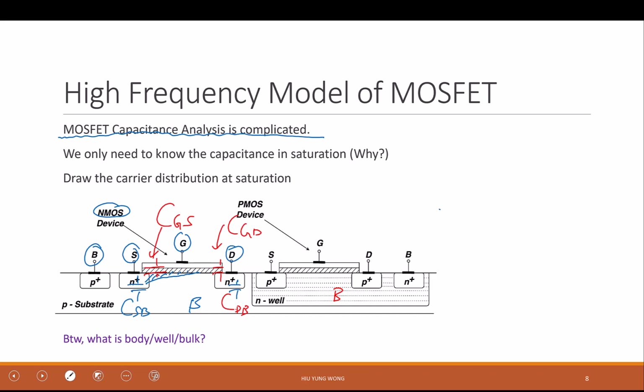The point I want to tell you is that it is very complicated. For example, if you take EE224, the digital circuit course, we will analyze all these regions because this determines the delay of your inverter. The inverter goes through the off state, linear mode, and saturation mode in the whole transition, so we need to analyze that.